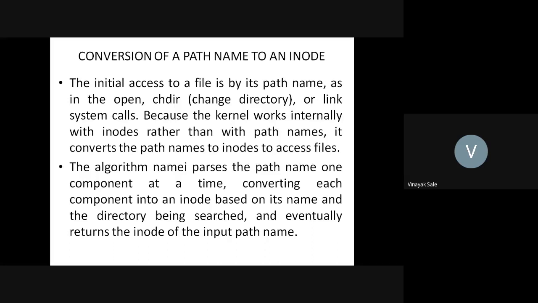So there is a need to convert a path name to an inode. For this conversion the algorithm is namei, which parses the path name one component at a time, converting each component to an inode based on its name and the directory being searched, and eventually returns the inode of the input path name.